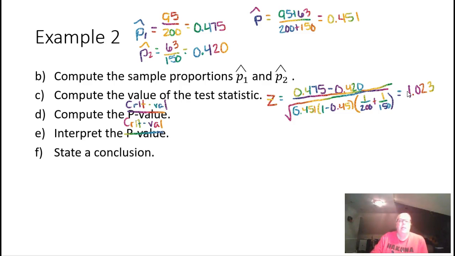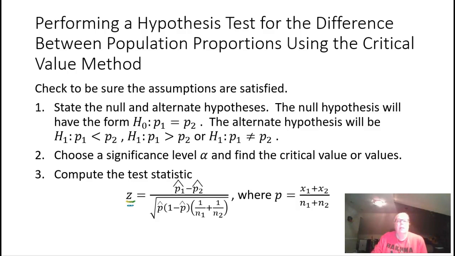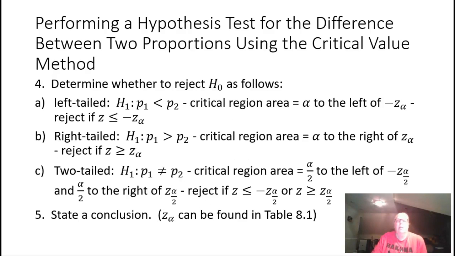All right, part D. We want to compute the critical value. Okay, so let's go down here and see how we're going to do this. The critical region is going to come from our alpha value.